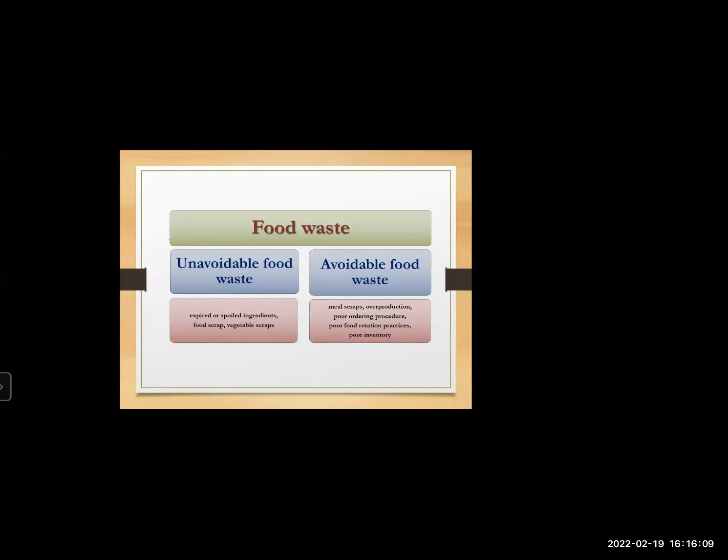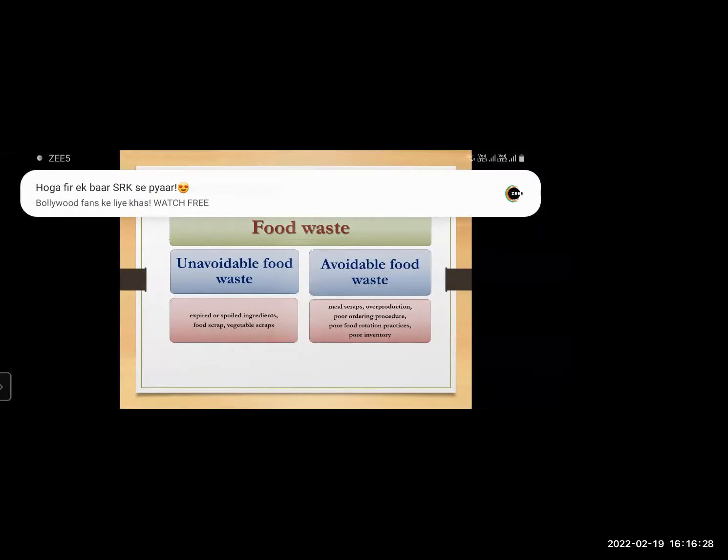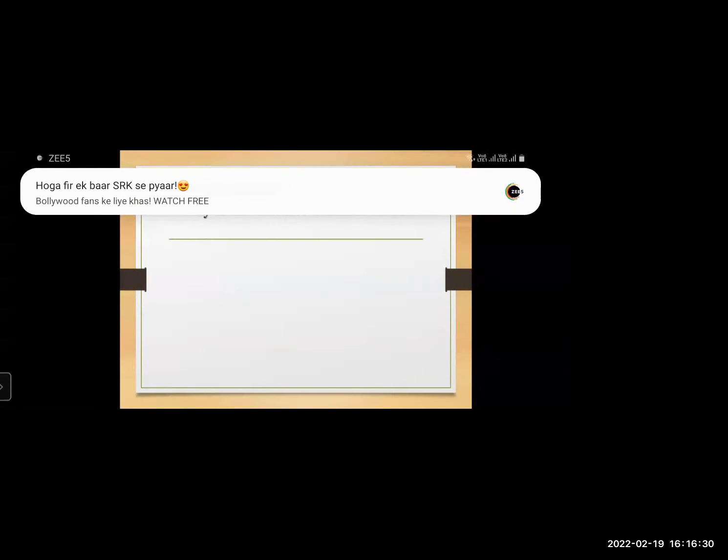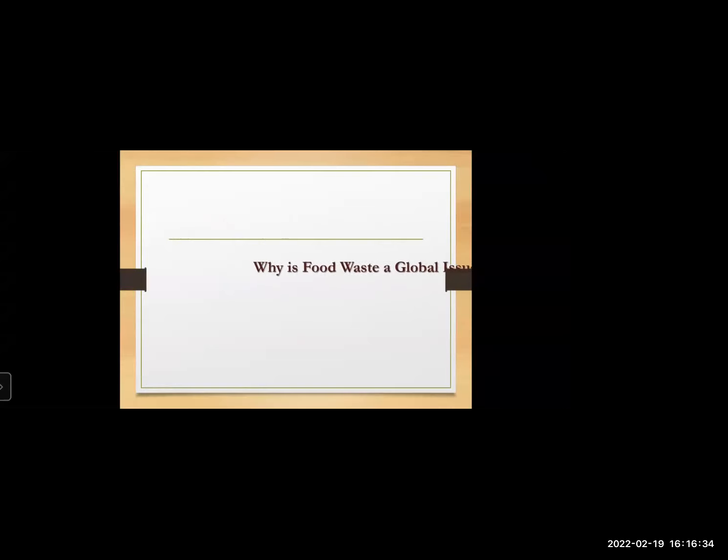Then overproduction of food in events, poor ordering protocols and poor food rotational practices, which cause food spoilage. Then a poor inventory system, which leads to food and plate waste. So these are the different ways in which waste is generated.